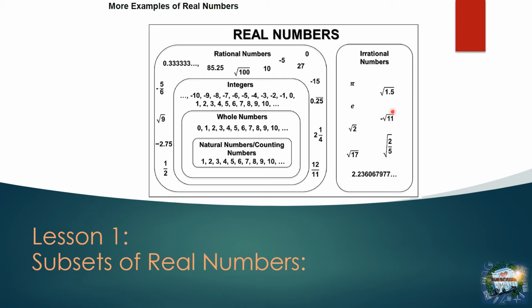Negative square root of 11, the radicand is 11, so it's not rational. Square root of 2, the same, 1.414213 and so on. Square root of 17, the same. Square root of 5, the radicand is not a perfect square, therefore that's an irrational number. This one, 2.236, is also not a rational number.